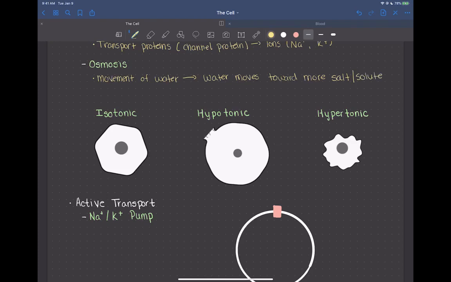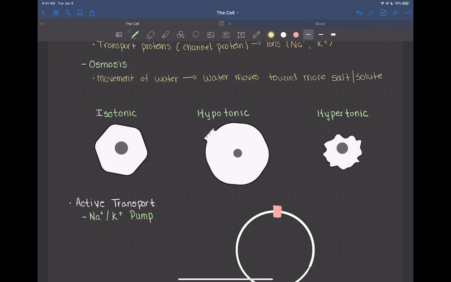Our examples are going to be of salts typically, but it could be towards glucose or some kind of dissolved solute. Okay, so water loves solutes. So wherever there's more of a solute, water is going to go there to try to dilute that solute out, right?